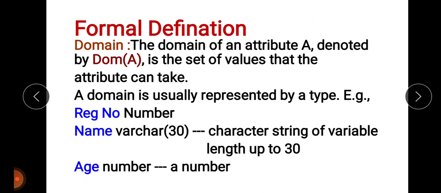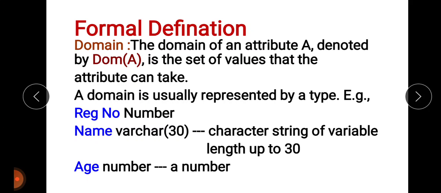Next we are going to see the formal definitions. Initially, the formal definition of domain. The domain of an attribute A is denoted by DOM(A), where A is the attribute. It is the set of values that the attribute can take.